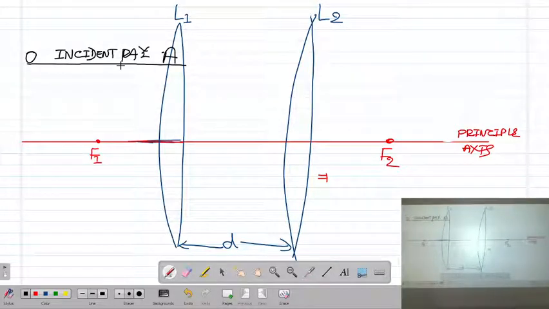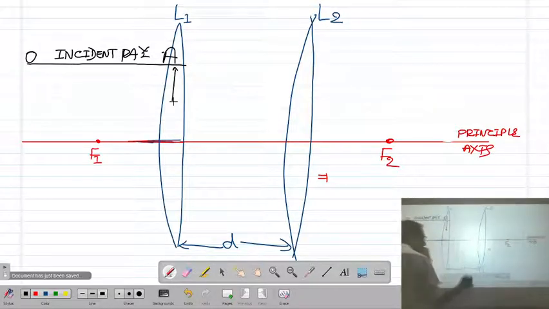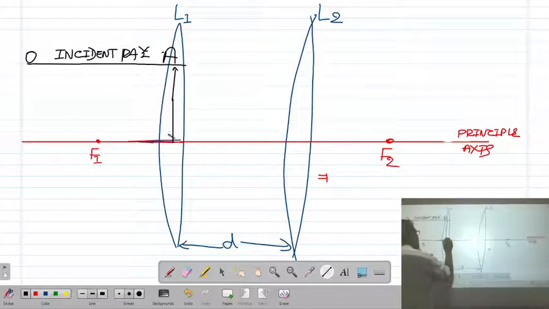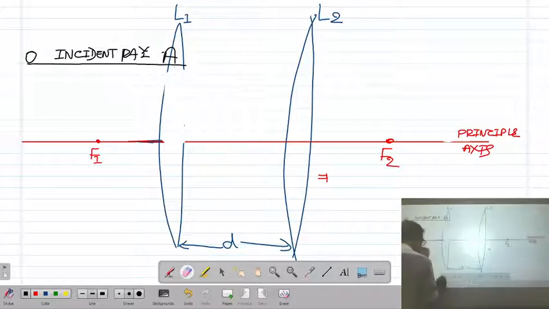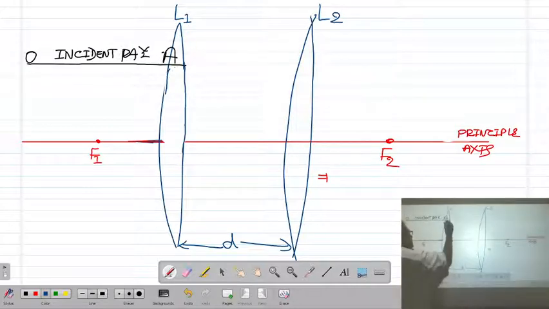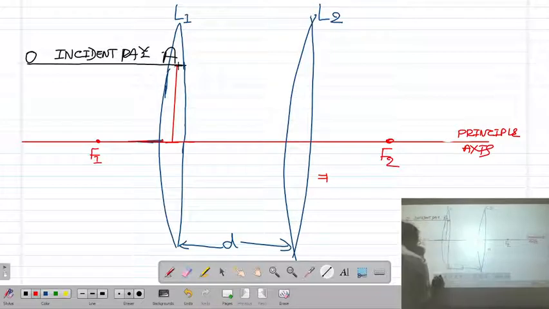OA is the incident ray which is traveling parallel to the axis. h1 is the height of the incident ray from the axis.